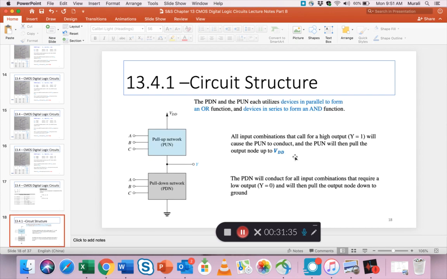All right, so we finally move into 13.4.1 from the textbook. And here we start looking seriously at some of these circuits and trying to understand how they behave. Okay. So first sentence. So we show on the circuit, we have this on the top, pull-up network. These are generally PMOS. And then we have the pull-down network on the bottom.